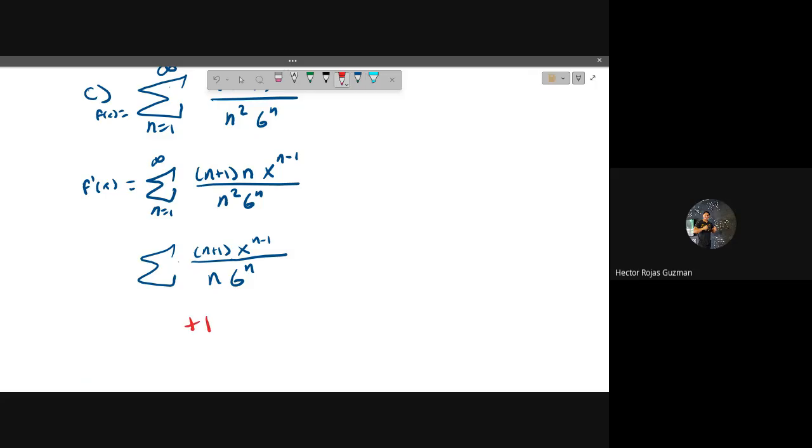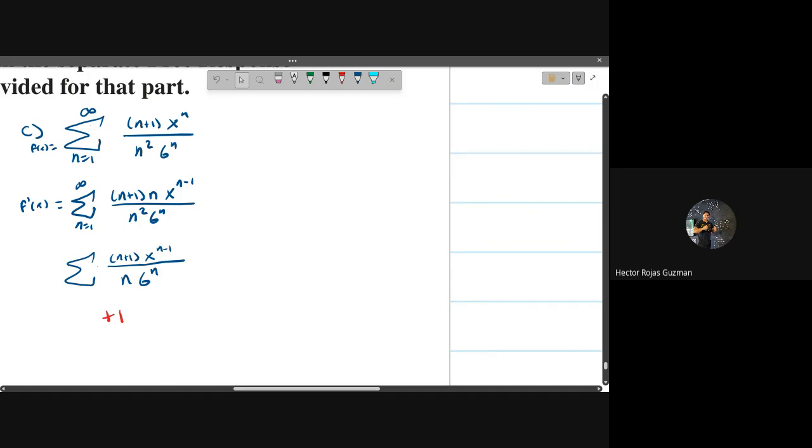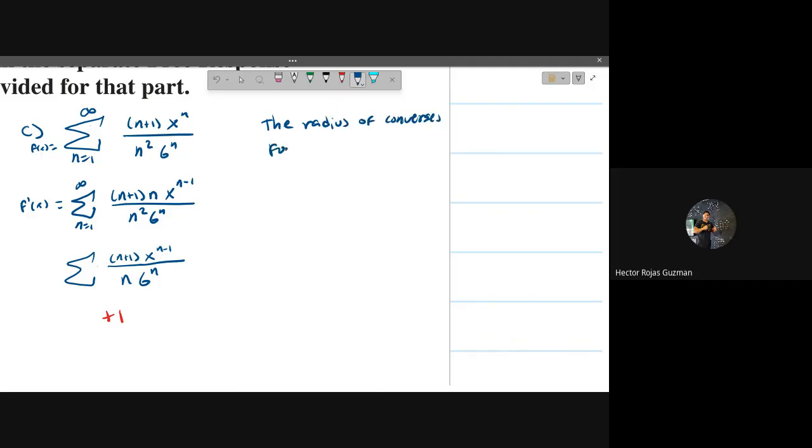We got to find the radius of convergence. Find the radius of convergence for the Maclaurin series. Okay, one thing that maybe we haven't, I don't know if it came up in the notes, but the radius of convergence for f and f prime are the same.